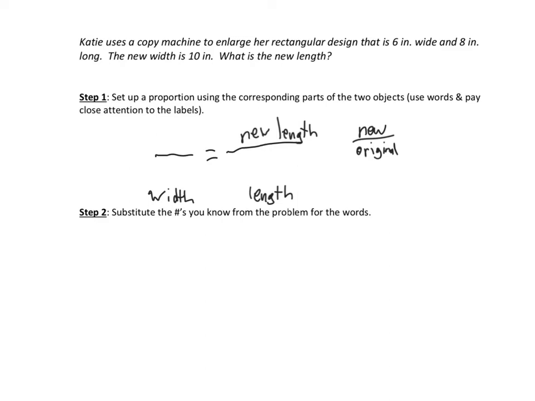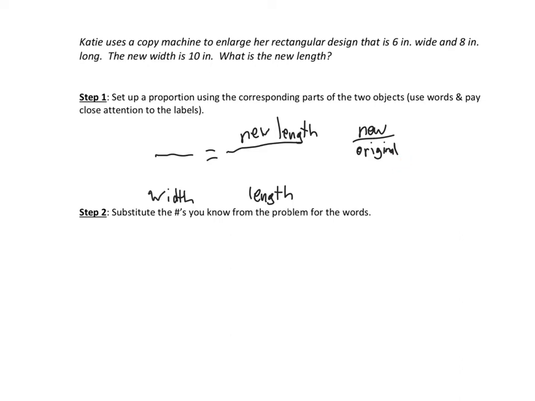Notice I got all that information just because I placed one thing. Since the length is here, this side is the length. The opposite of the length is the width, so that'll be on this side of the equal sign. Now, the new is on the top, so I had to put the new on top over here, leaving only the original to be on the bottom.